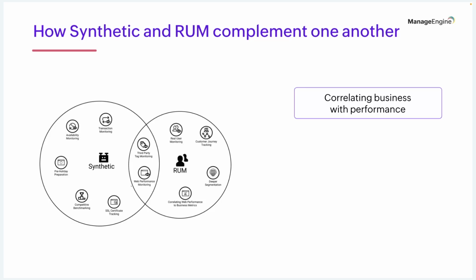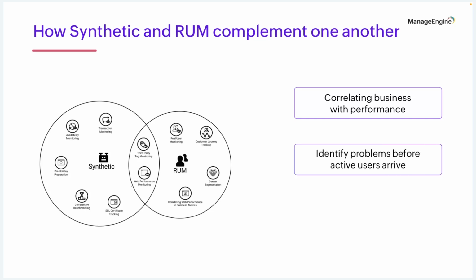However, if you want to analyze how website performance impacts business revenue, then you need more than synthetic transaction metrics. Since RUM is generated through real user traffic, it provides essential insights into real business metrics such as conversion rates and more, which can then be correlated with performance issues via synthetic testing.